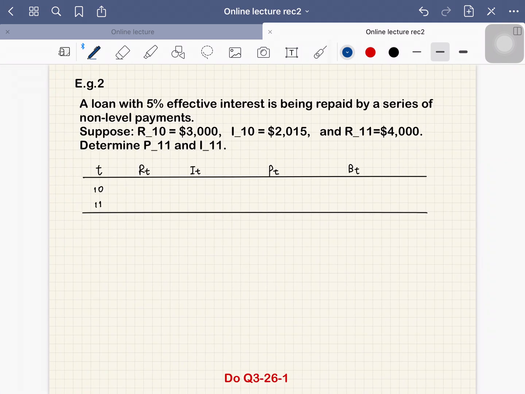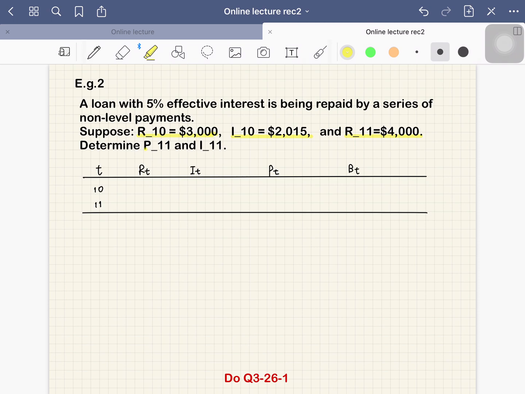Okay, so next example. A loan with 5% effective interest is being repaid by a series of non-level payments. But we only have partial information. Suppose the total repayment at the 10th year is $3,000, the interest is $2,015 out of this $3,000, and the total repayment for the next year, the 11th year, is $4,000.